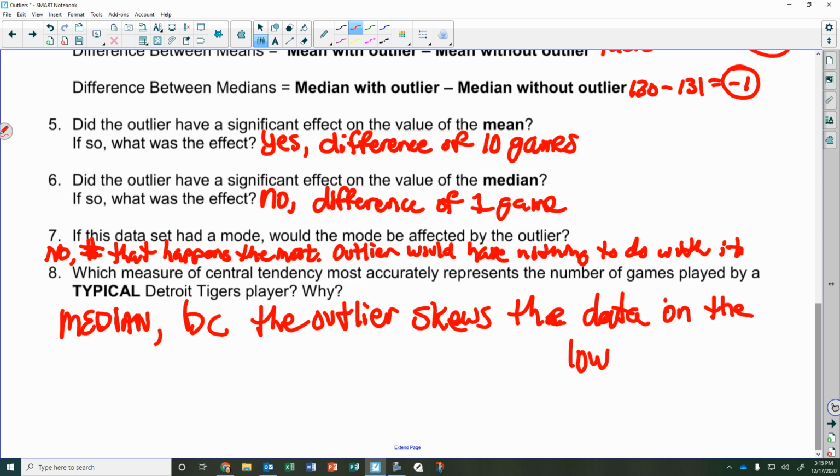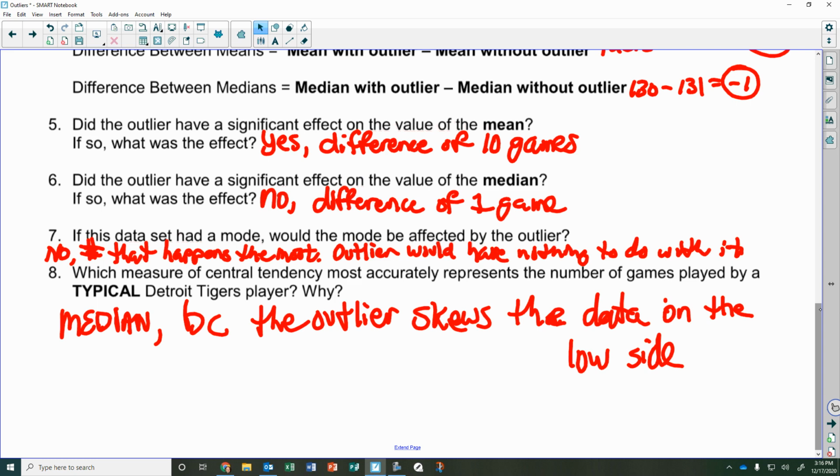Remember, it lowered it 10 games, right? When we put the outlier in, it took the mean from 133 games down to 123. It only took the median down from 131 to 130. So again, with the least significant loss, the median is the more accurate measure of central tendency because there's just too much distance between the two means.